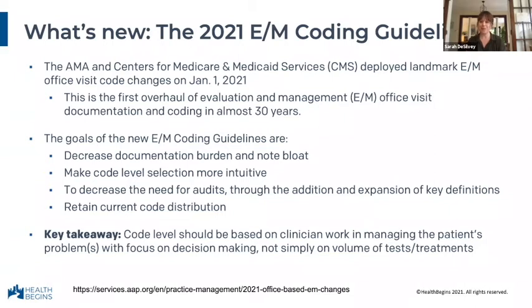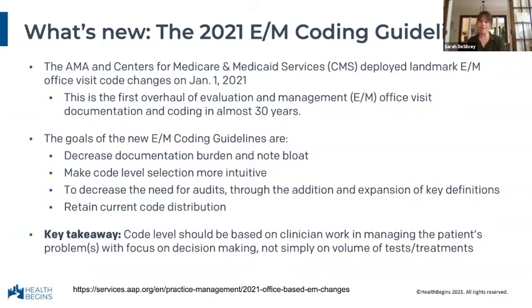It's the first overhaul of E&M office visit documentation in 30 years. The goal of these coding guidelines was to decrease documentation burnout and note bloat, to make code level selection more intuitive, to decrease the need for audits through the addition and expansion of key definitions, but to retain the current code distribution. So the same codes stuck around, they just have clearer meanings and clear pathways to arrive at them.